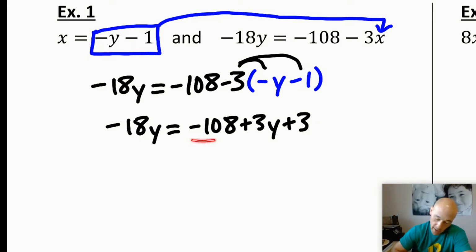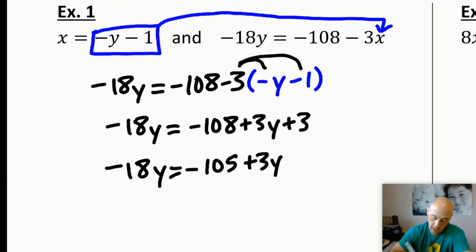Negative 3 times negative 1 is plus 3. Now we can combine the negative 108 with the 3. So we have negative 18y is equal to negative 105 plus 3y. All right, now I need to start undoing operations. I'm going to get all of my y terms on one side by subtracting 3y here.